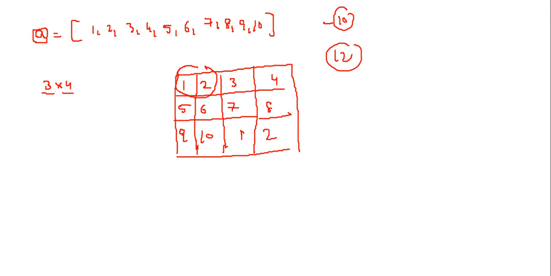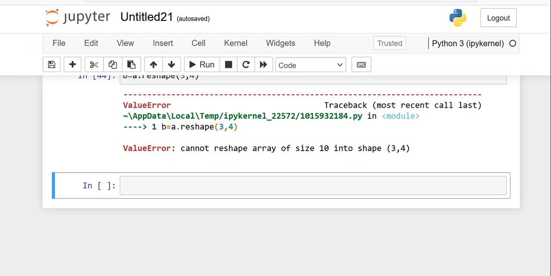Like that it fills the array and converts it into the required shape, but it doesn't give any error if the elements are not sufficient and the new array is larger than the original array. Simply the new array is filled with the repeated copies of A. Okay, let us see an example.